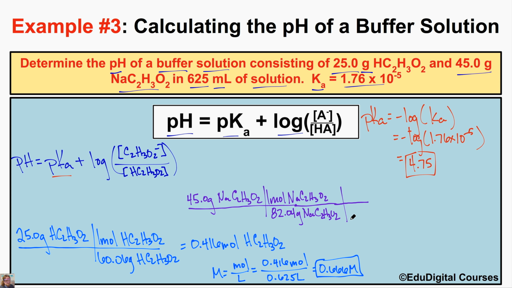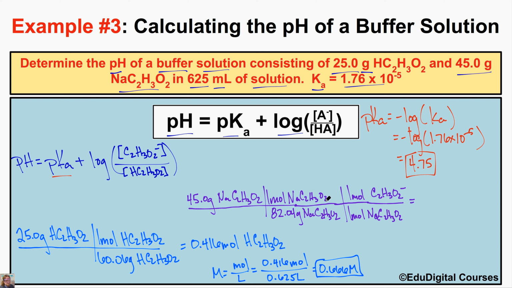By looking at this chemical formula, 1 mole of NaC2H3O2, when we dissolve it in water, is going to produce 1 mole of C2H3O2 minus ions, along with 1 mole of sodium ions.